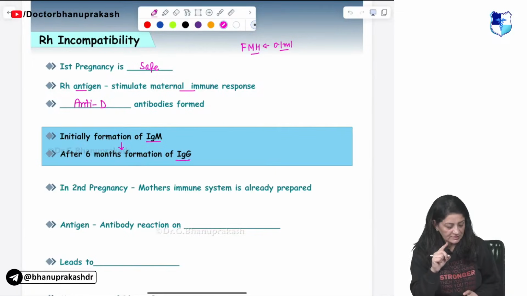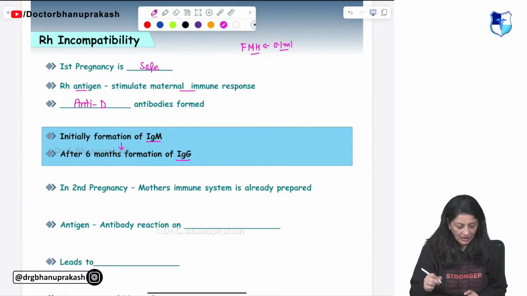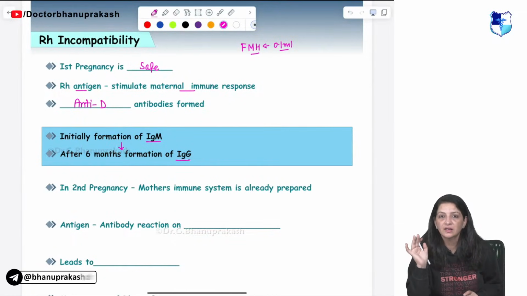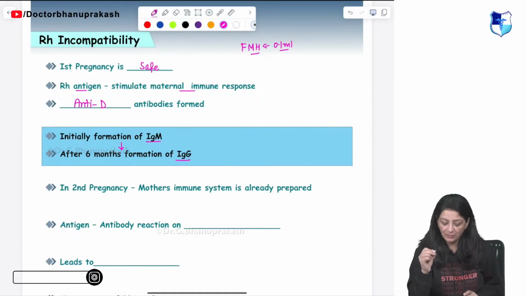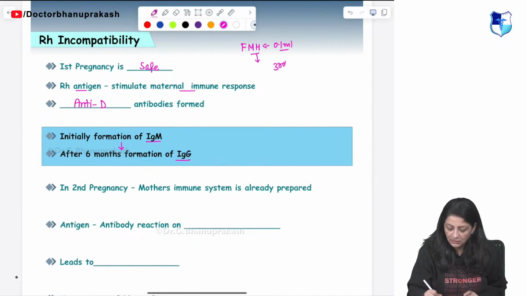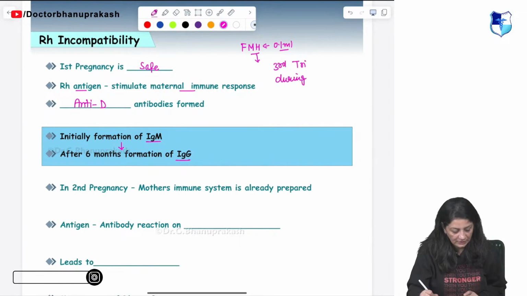But the first pregnancy is safe because by then the delivery will be over, because feto-maternal hemorrhage can happen maximum in the 3rd trimester or during labor.